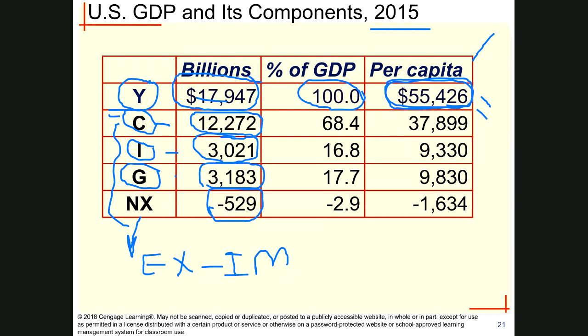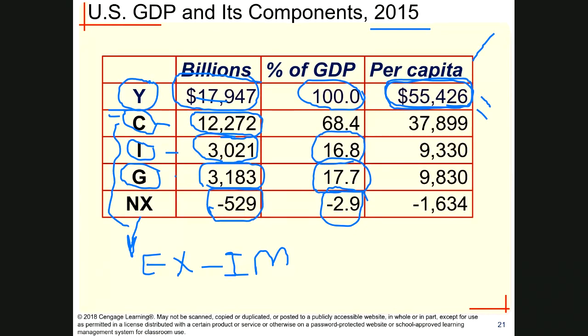And look at the percentage wise. It's about 3% of GDP. Our GDP doesn't rely on trade, on foreign sector. Government got about 17.7% of it. Investment of firms, pretty much the same as government, 16.8.